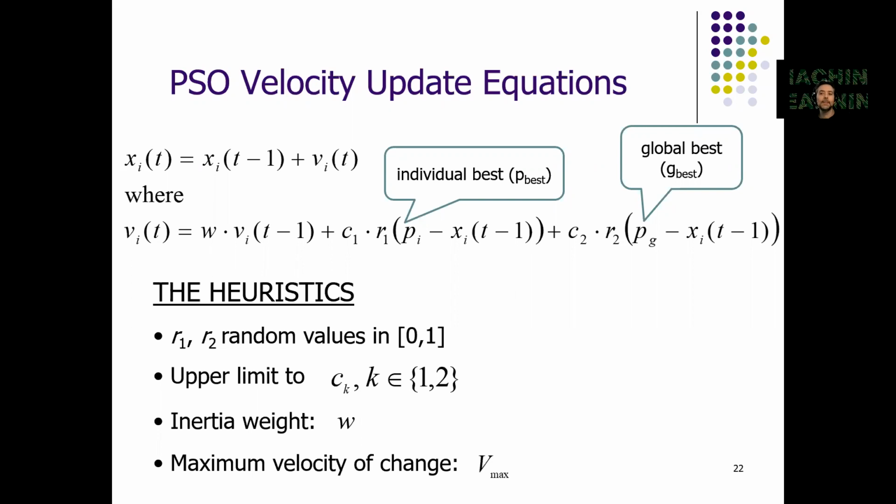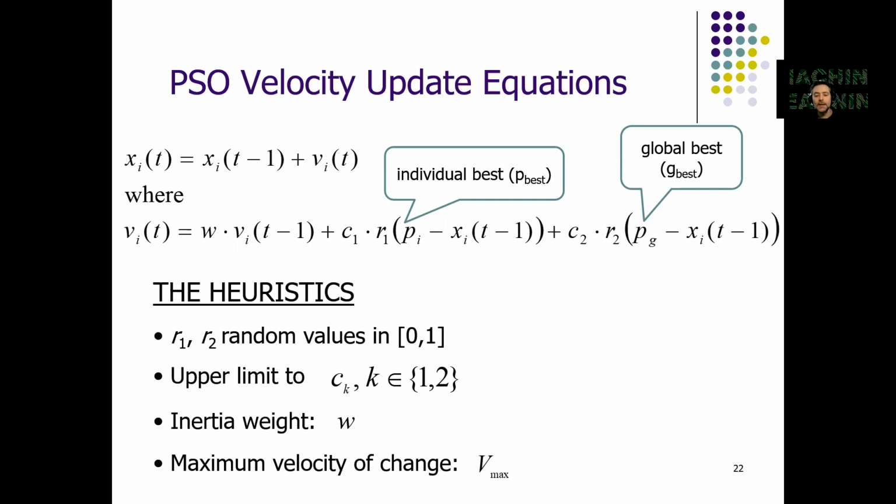It takes into account what happened at t-1 plus the v vector, or the velocity vector as we call it. The velocity vector consists of three terms. One is the previous velocity, which is multiplied with a weight. It's the contribution of the previous velocity into the calculation. This weight is called inertia weight.